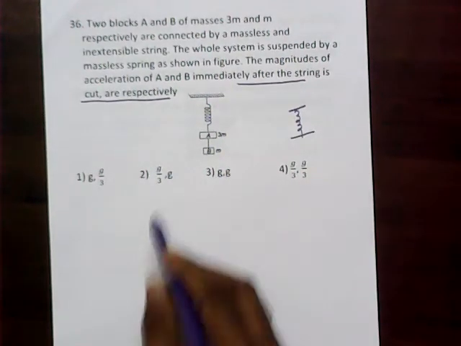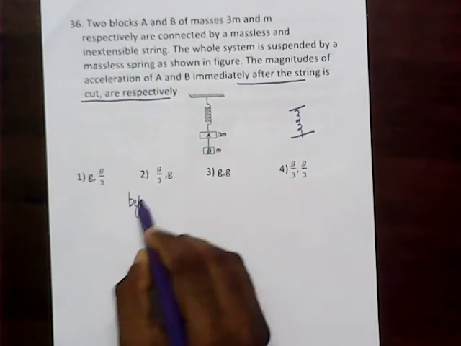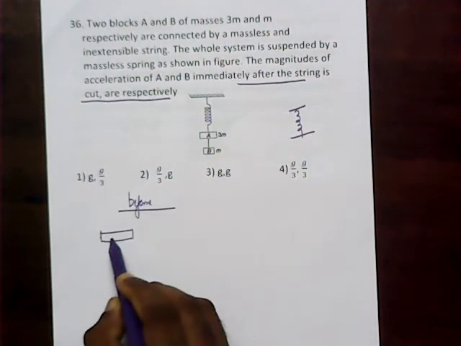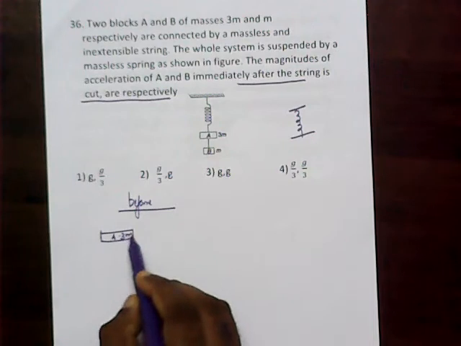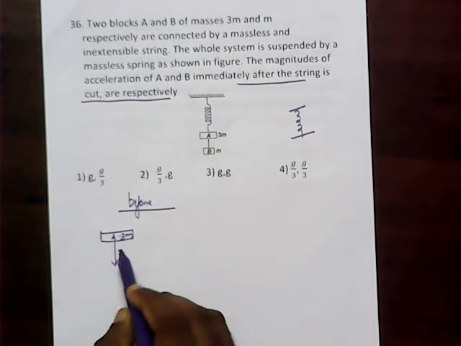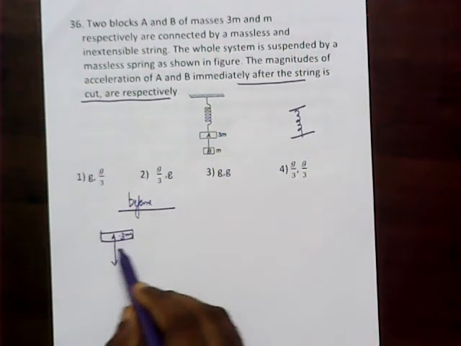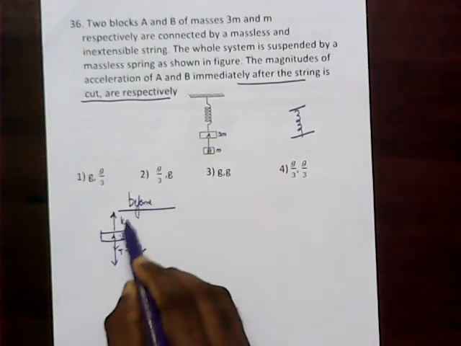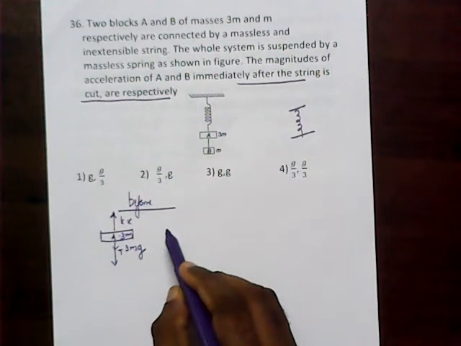At first, before cutting, we can draw the free body diagram of body A with the mass 3m. The tension due to m is in the downward direction, the weight 3mg is acting vertically, and the restoring force kx is acting in the upward direction.